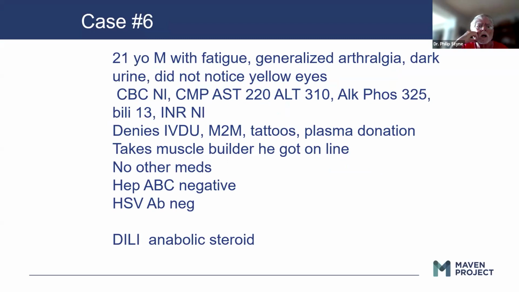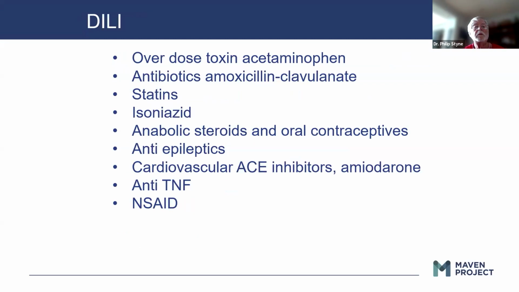So this is fairly common, again, a young man on a muscle builder, anabolic steroids. We talked about it. He has this mixed pattern of AST, ALT, alk phos, and bilirubin. And his hepatitis markers are negative. And he's got drug-induced liver disease. Next slide.